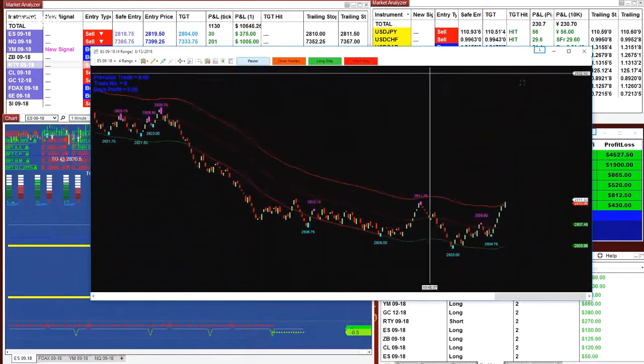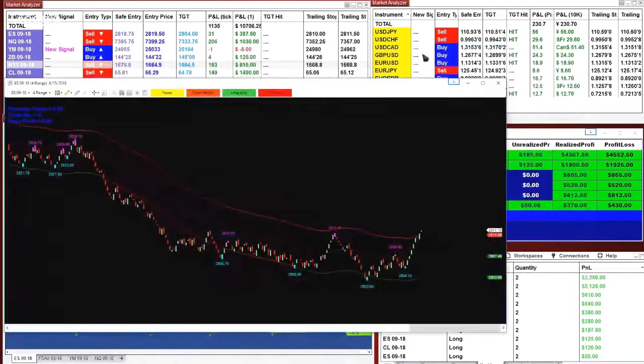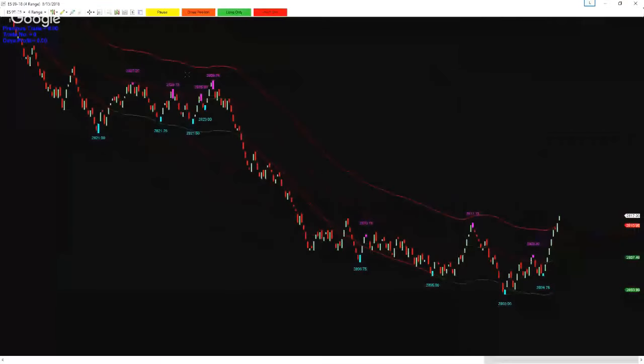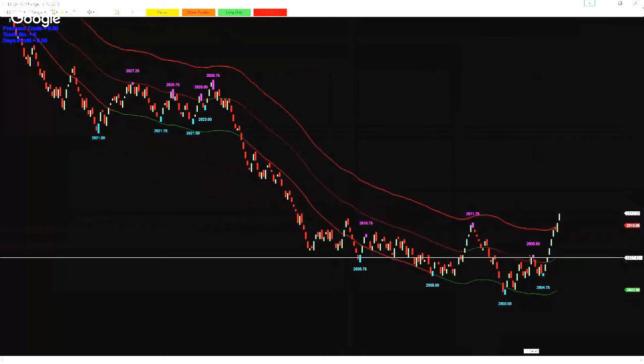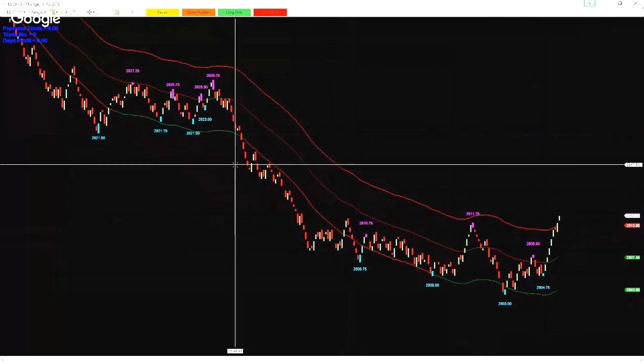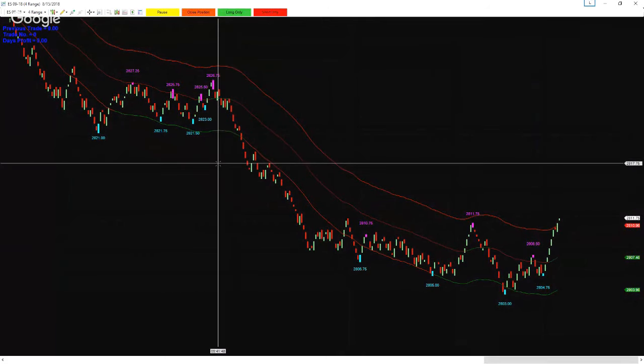Now we can see which ones are out of the band. And those are the only ones you can take. The ones that are out of the band.